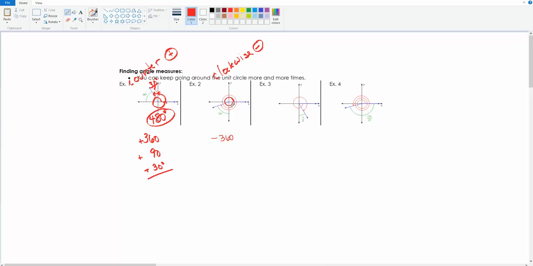And then it did it again. It went another full circle, so that's minus 360. And then it went a full quadrant, so that's minus 90. And then it went this section right here, but we happen to know what that is. This happens to be a 70. And then when you tally all of this up, you get negative 880.